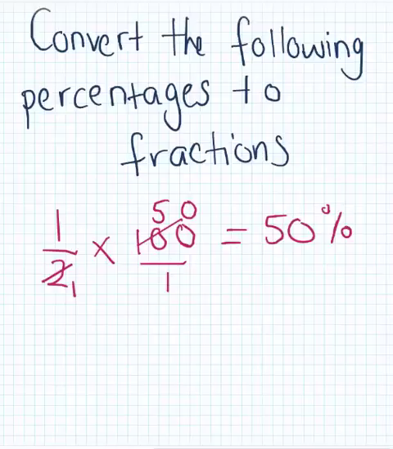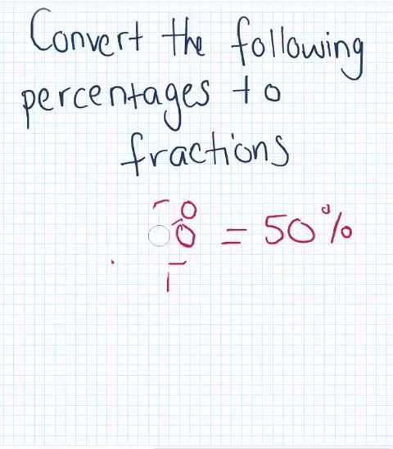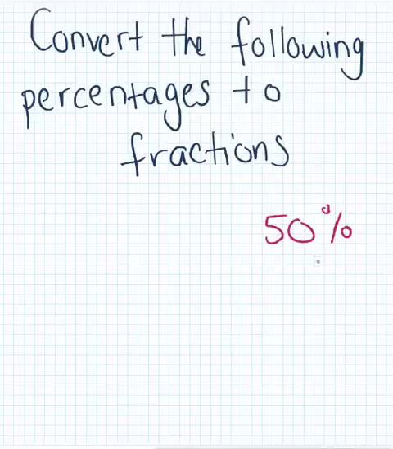Now, if we have 50%, so imagine that was the number we had to begin with. Because if you have a look at the question, it's asking us to convert the following percentages to fractions. So if I started off with 50% and I had to turn it back into a fraction, all we have to do is, we know that this symbol here means out of 100.